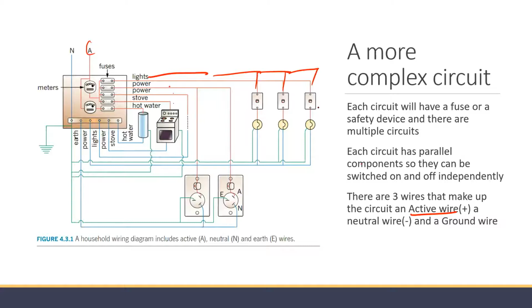The lights are not connected in series, they're connected in parallel. Why? Because if I switch this light off, it doesn't switch off all the other lights. It also means that if this light globe dies, it doesn't switch off power to all the other light globes because they're all connected in parallel.